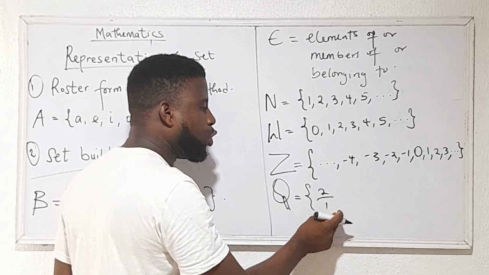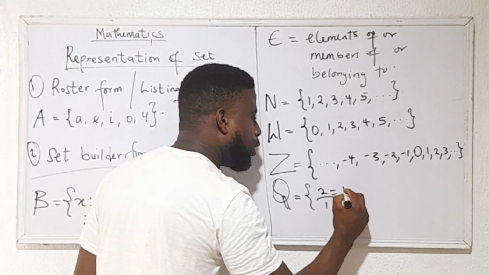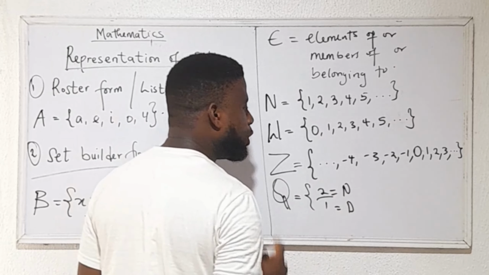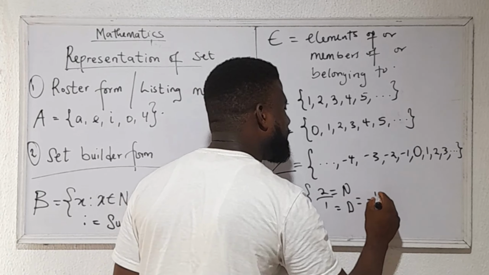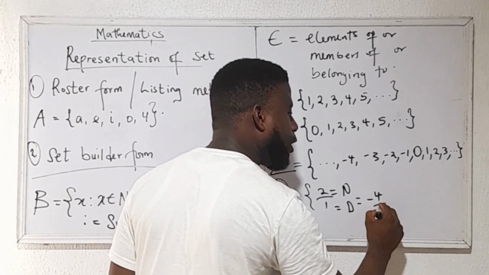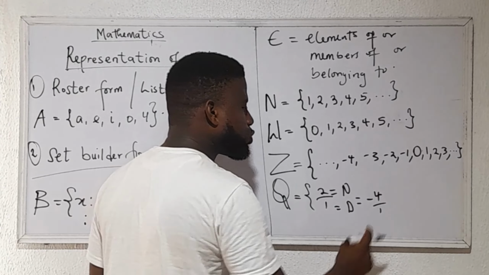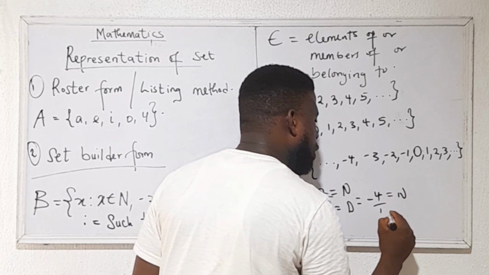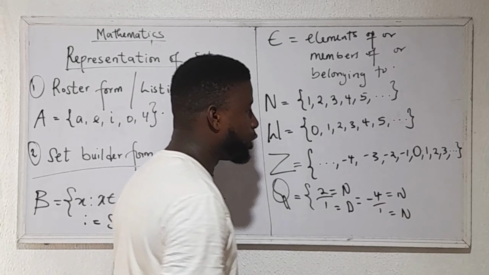Right? So 2 becomes the numerator and 1 becomes the denominator, right? So 2 is a rational number as well as -4, which is the same thing as -4/1, right? So -4 becomes the numerator while 1 becomes the denominator.